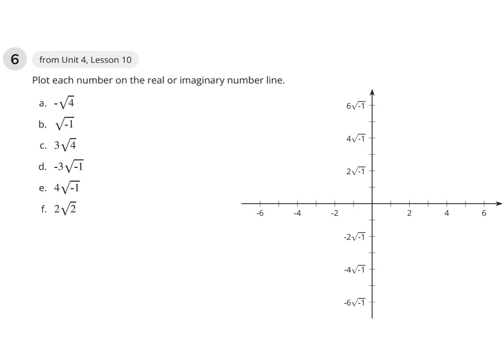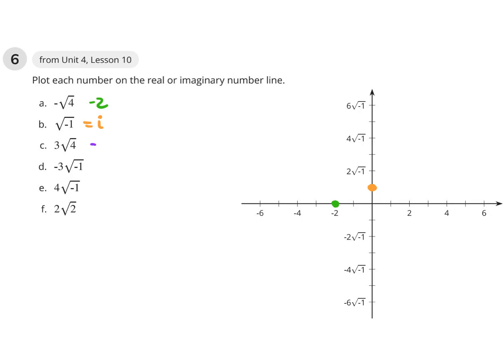Okay, plot each number on a real or imaginary line. So the opposite of the square root of 4 is negative 2, and that goes there. The square root of negative 1 is i. That equals i. 3 root 4.